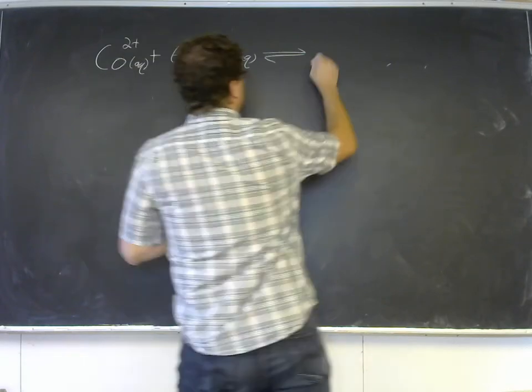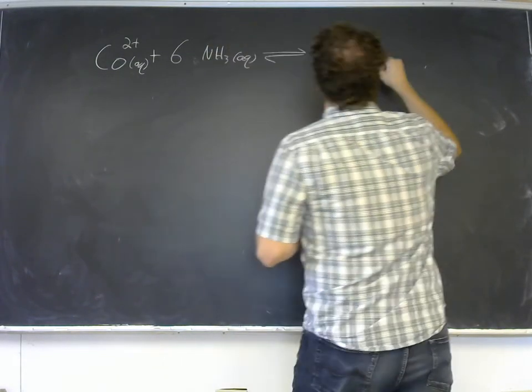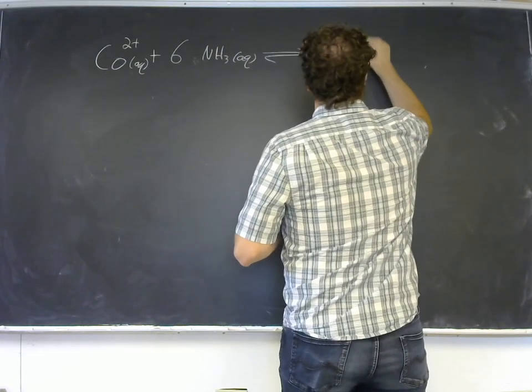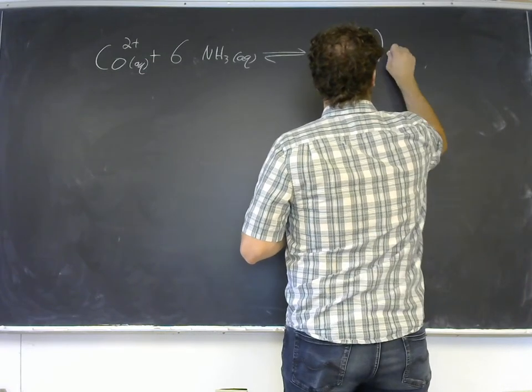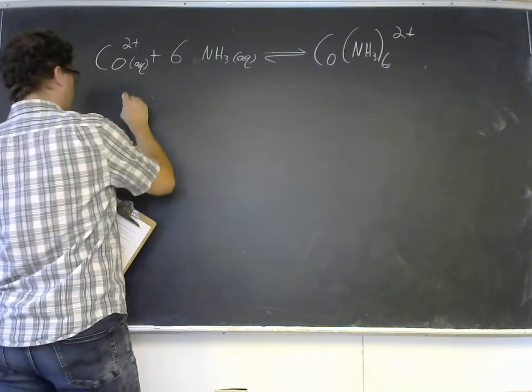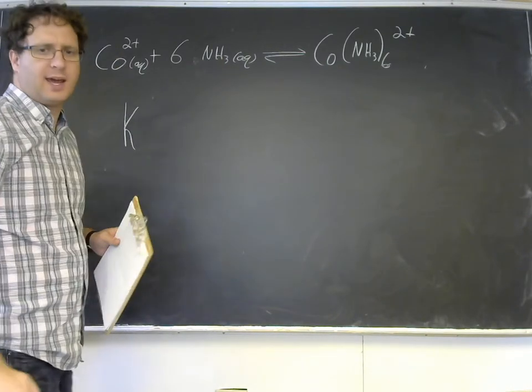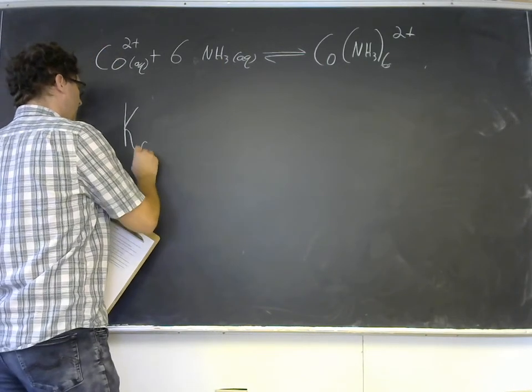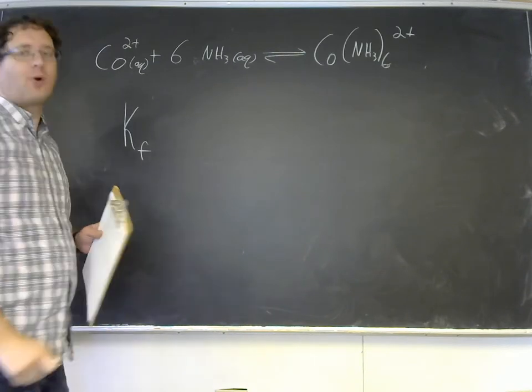And in the end, you get a complex ion that looks like this. And so the equilibrium constant K here, we'll call it Kf. It is a formation constant.